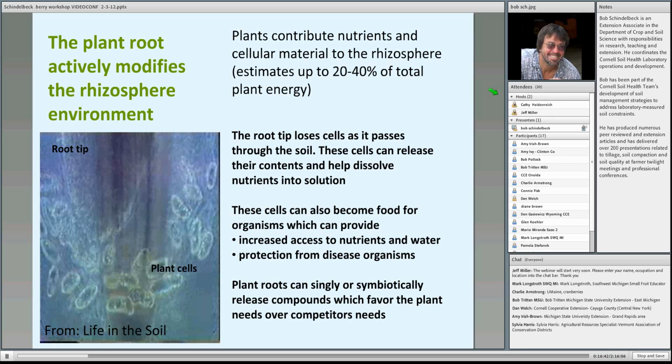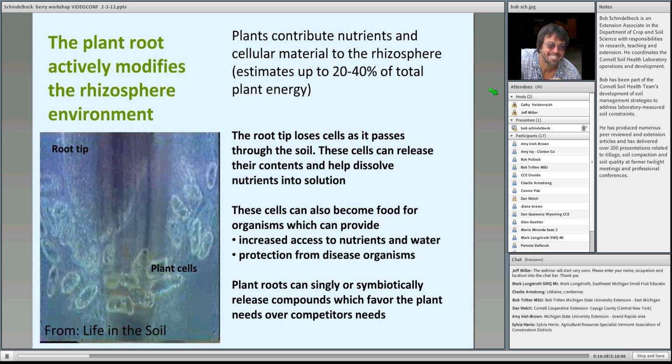In the same way, the root does the same thing underground. So the root is producing these leaves, if you will, to feather its own bed by sloughing off cells around the root tip. You can see that in the photo at the bottom left.